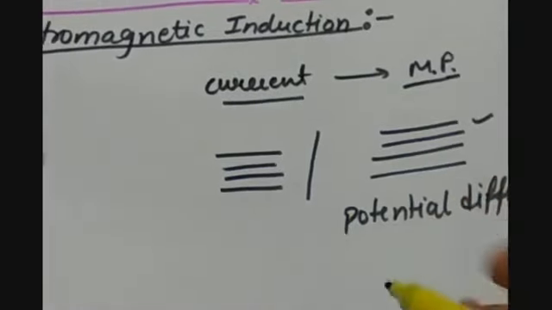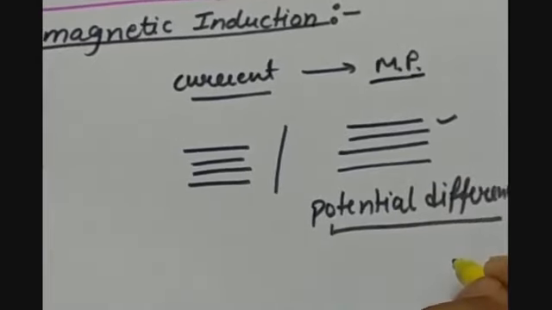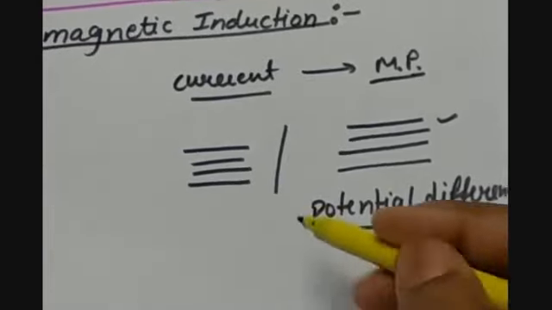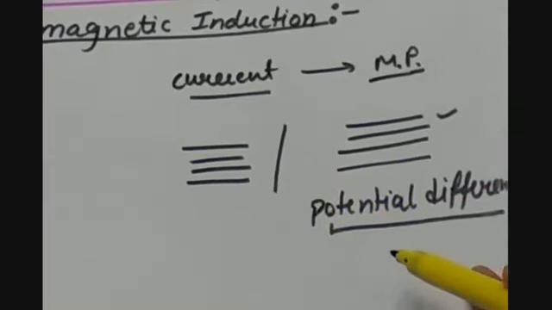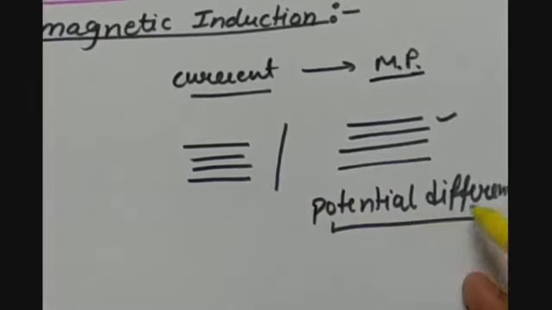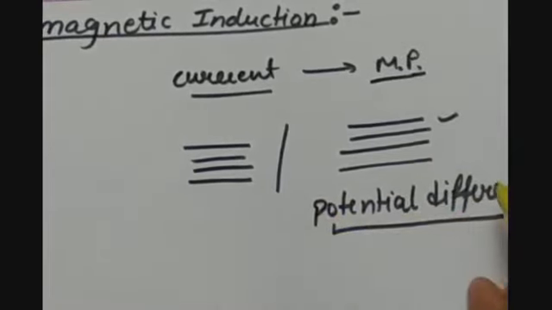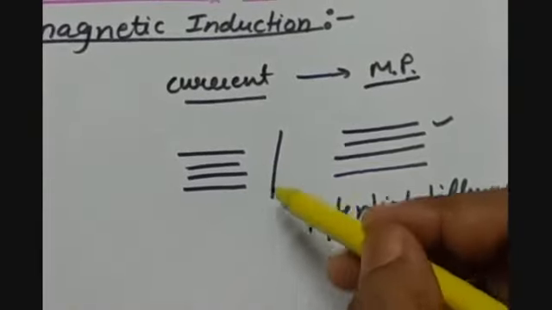Because of that potential difference, current starts flowing in the conductor, because current is the flow of charge, and flow of charge happens when a potential difference is there. So it is the basic requirement to produce a potential difference across the ends of the conductor so that charges can move from one point to another.